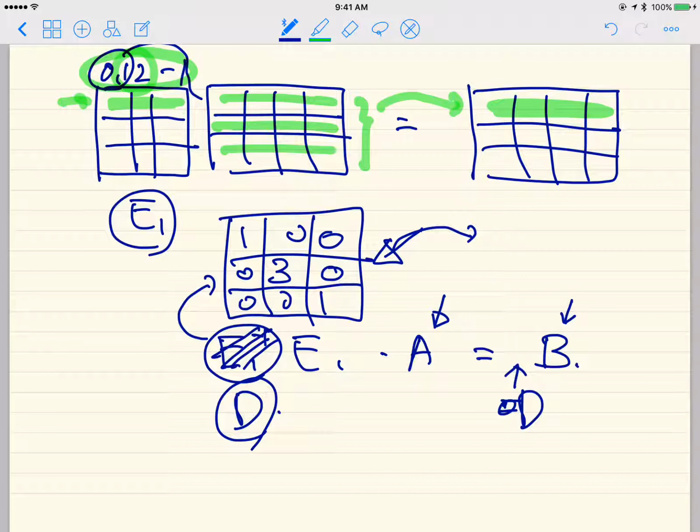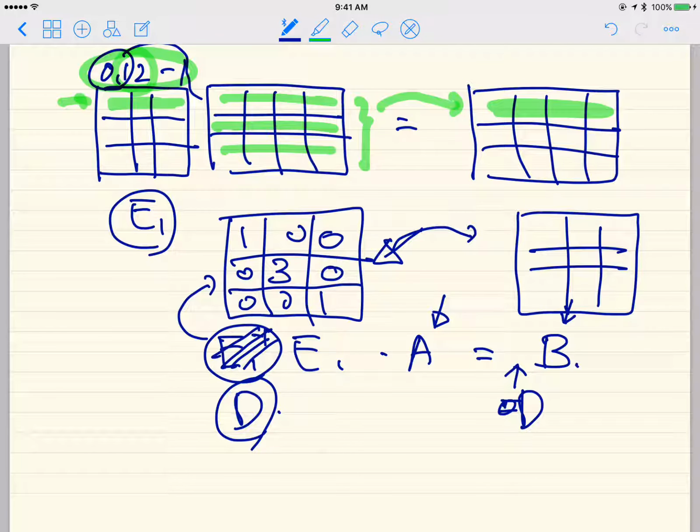What would be the inverse matrix of this scaling of a particular row? We scaled the second row 3 times, and we want to recover the original matrix from this resulting matrix.